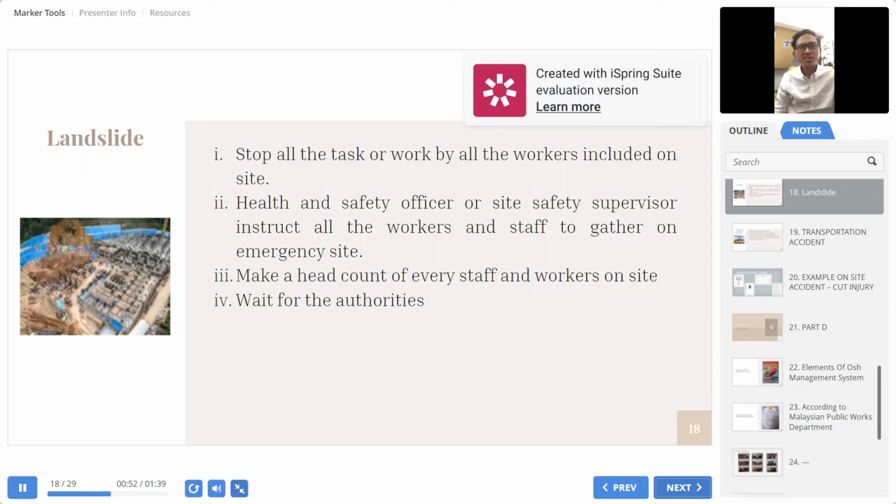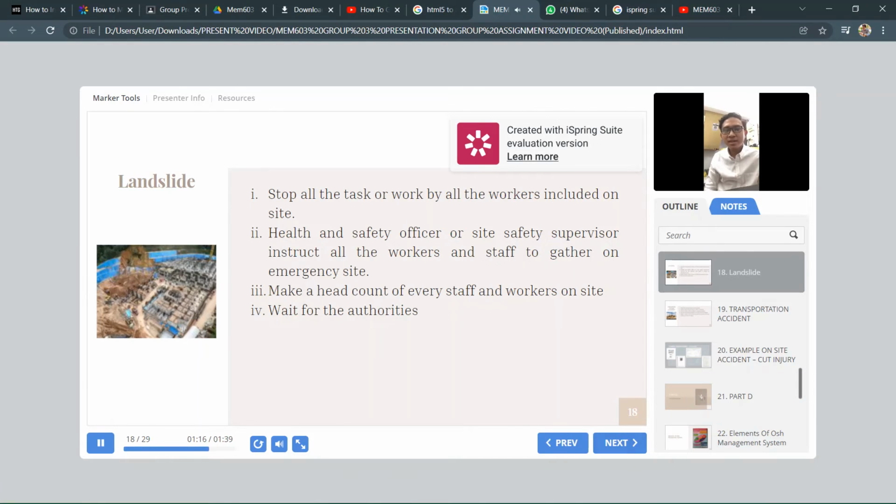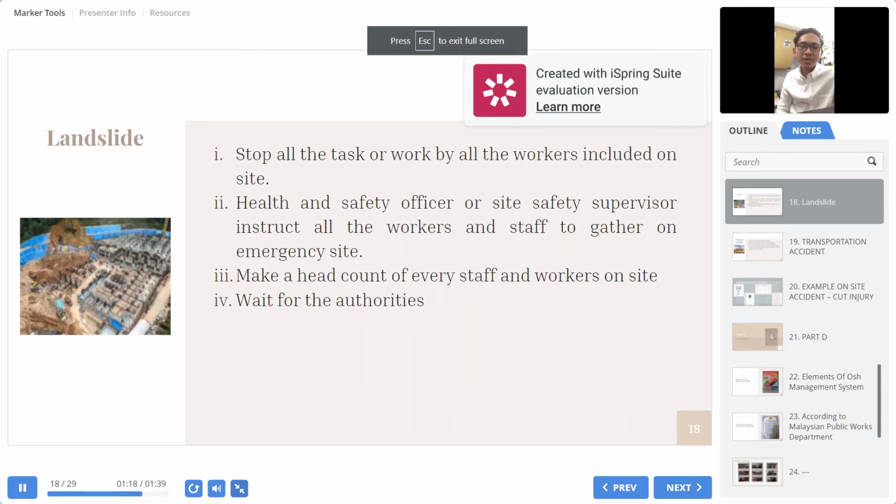First of all, as usual, we have to stop all the tasks, all the work done by all the workers on the site. The second one, health and safety officers, SHO, and site safety supervisor, SSS, have to instruct all the workers and staff to gather at the emergency point or emergency site.